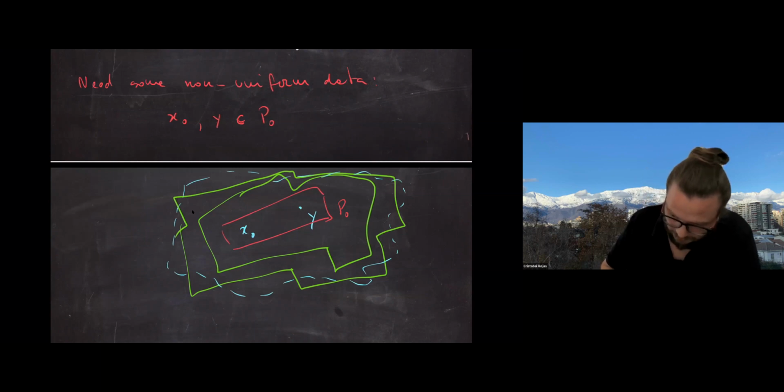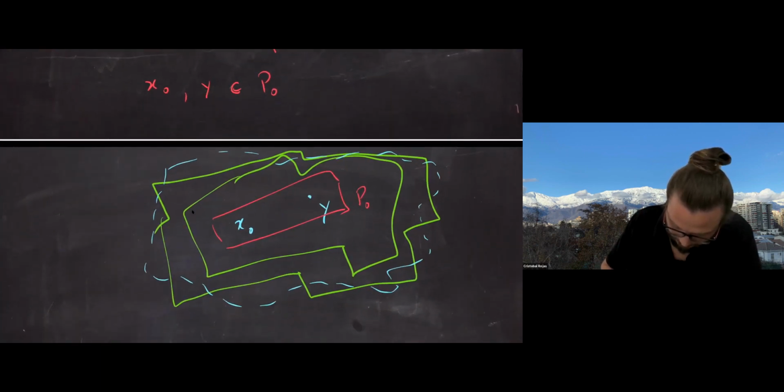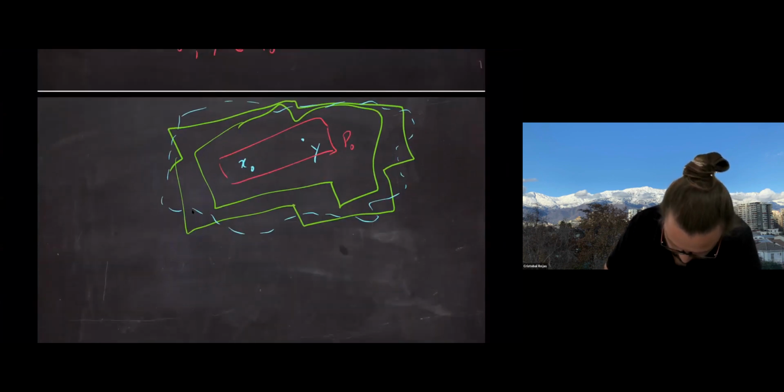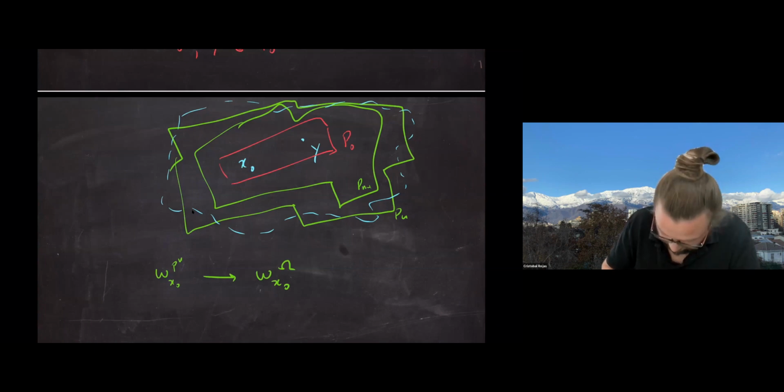All that we know is that the measures of the polygons Pn, so this is Pn minus 1, as I said, converge to our given measure. And it is important that we can choose the rate here.